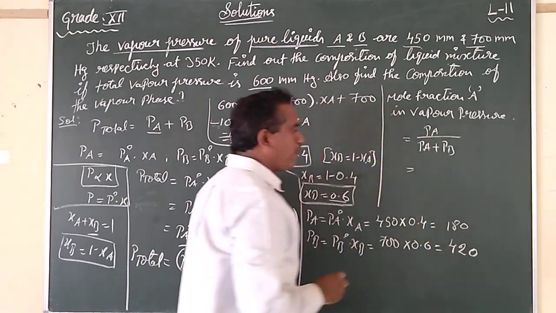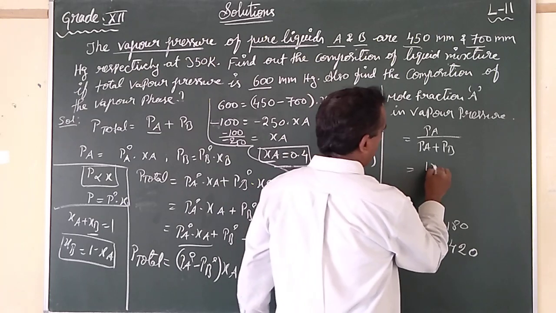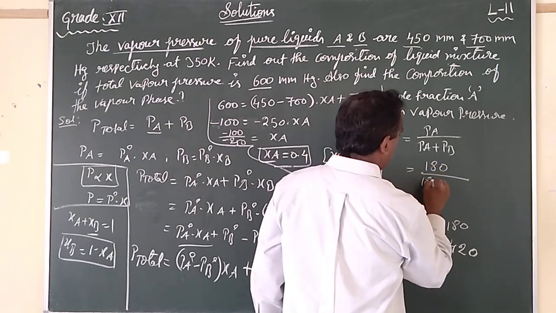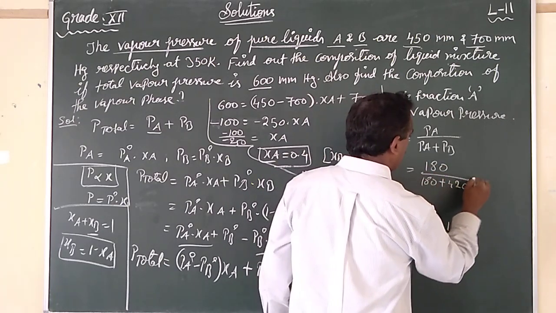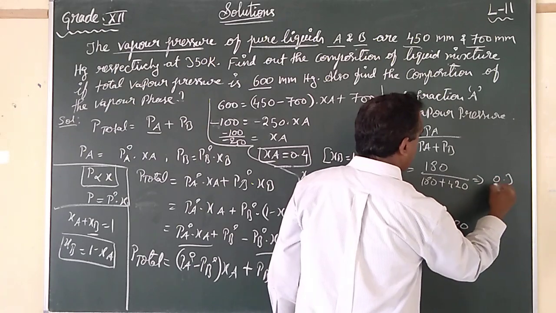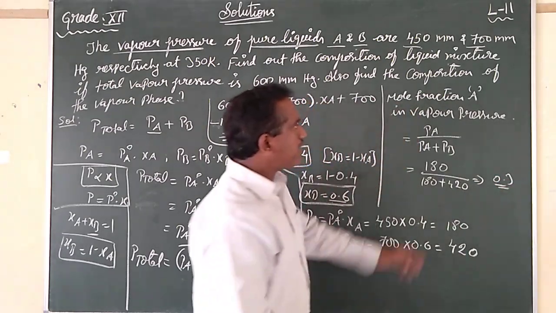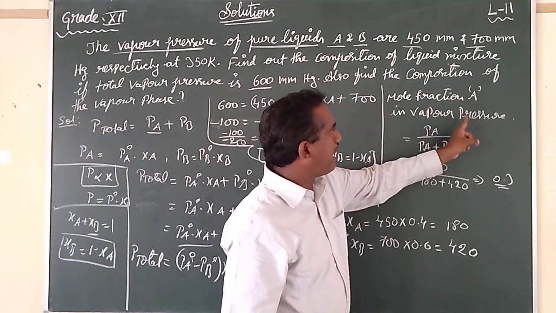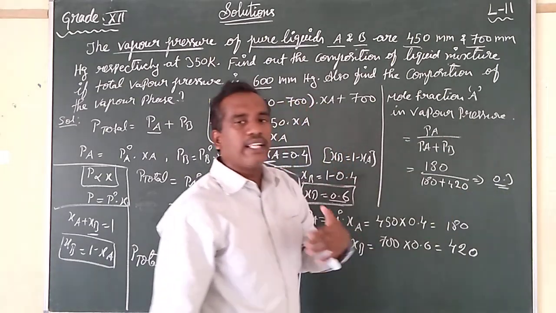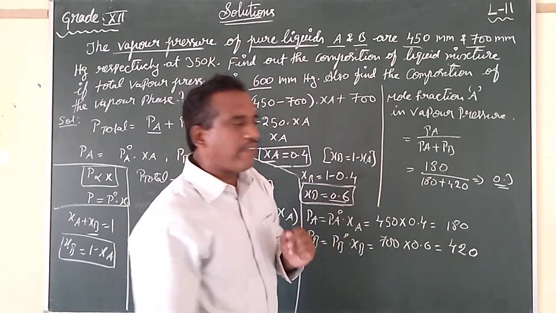What is the PA value we got? 180 by 180 plus 420. Approximately we will get 0.3. This means the mole fraction of A in the vapor phase is 0.3. Then what is the mole fraction of B in the vapor phase?